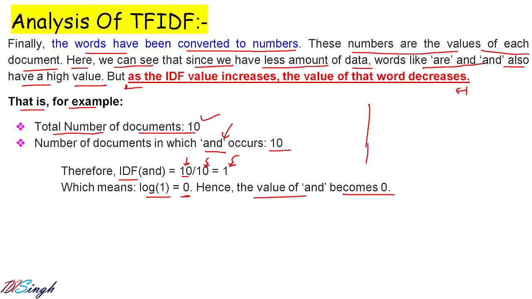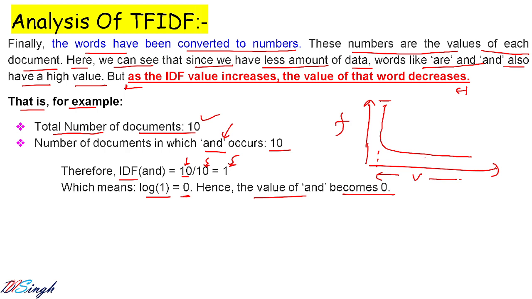As the curve famously shows, if the frequency is very high for any particular word, then the value for that word is less. As the frequency is higher here, the value is very low.